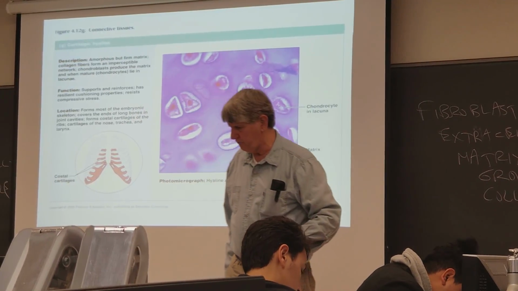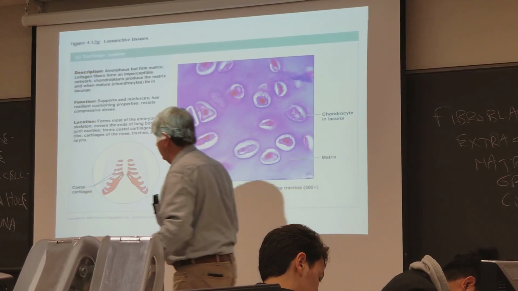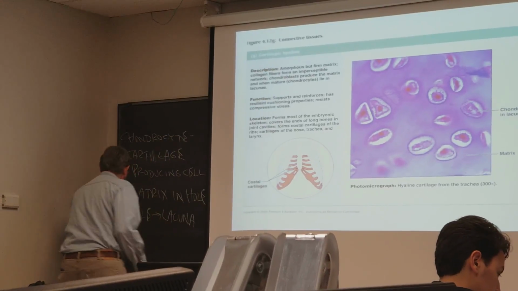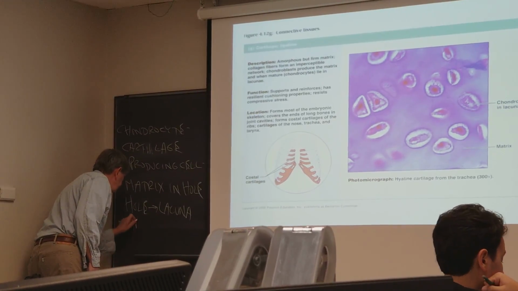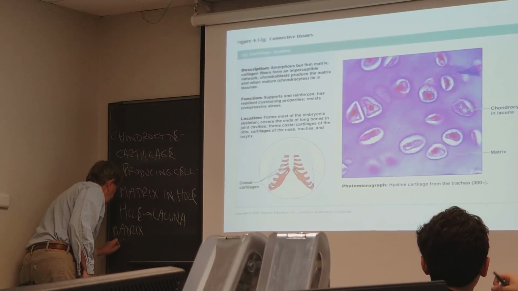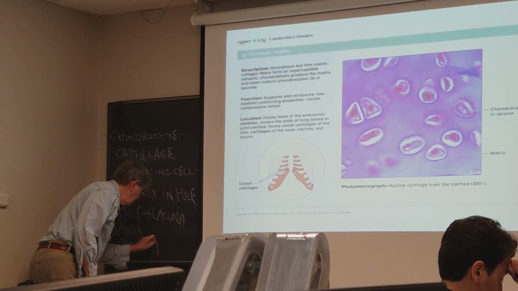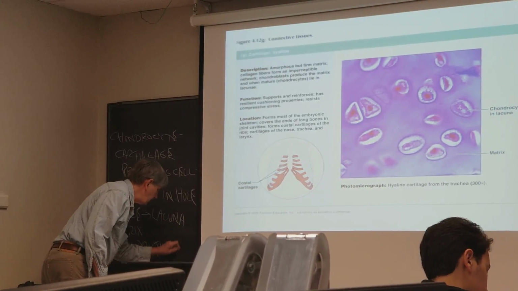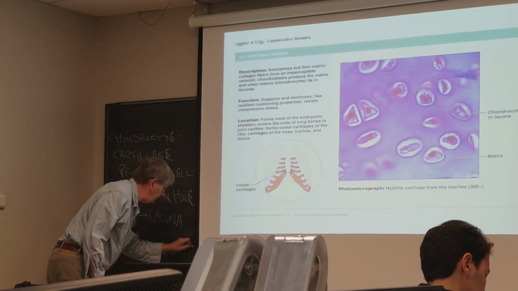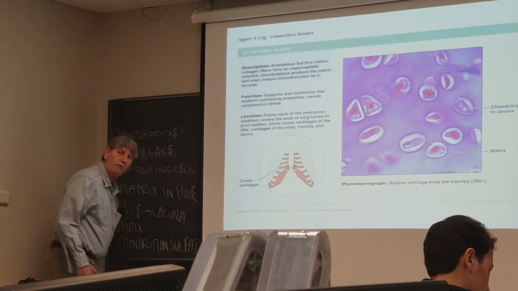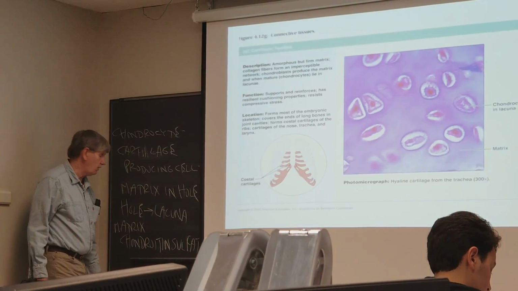Collagen fibers and chondroitin sulfate, I guess I should say that too, just to emphasize. Chondroitin sulfate is the material in the ground substance component of the cartilage.